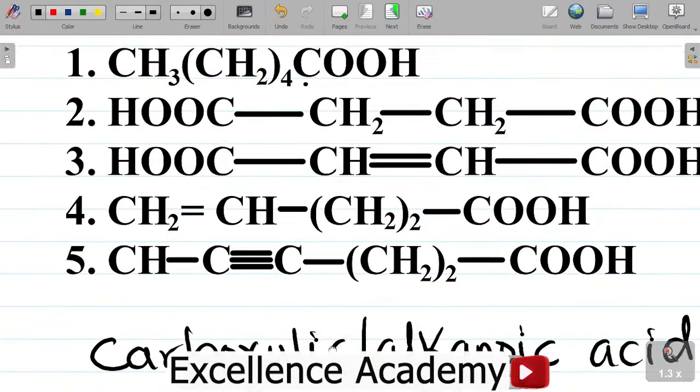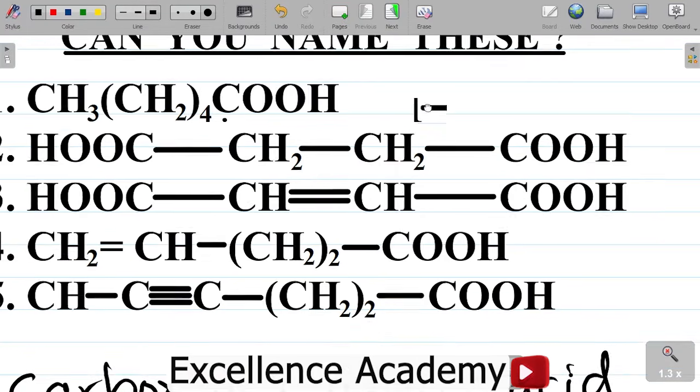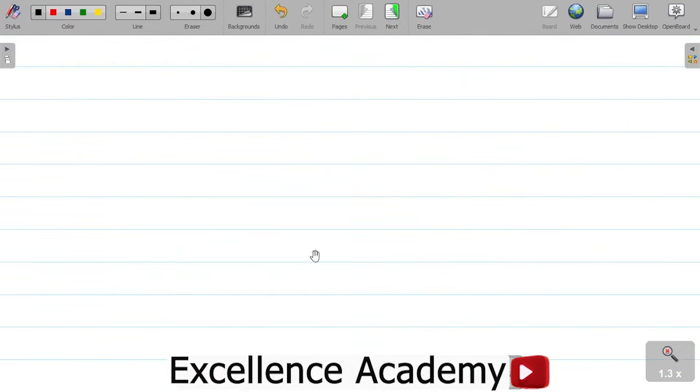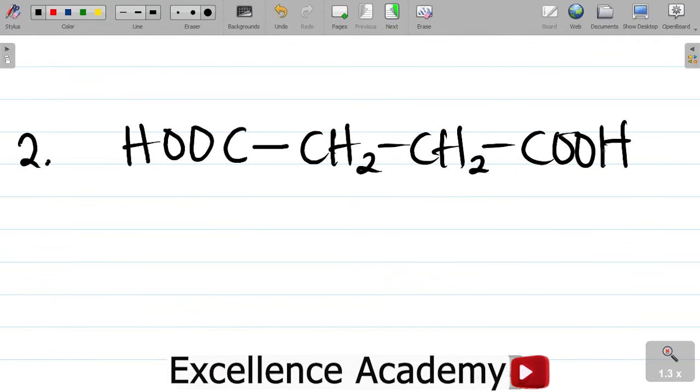Let's look at the second compound here. This one here. This having COOH at both ends. How do you name this? Number 2. So number 2, I have a compound here. HOOC, single bonded to CH2, single bonded to CH2, and then you have COOH. So how do you name a compound of this nature?